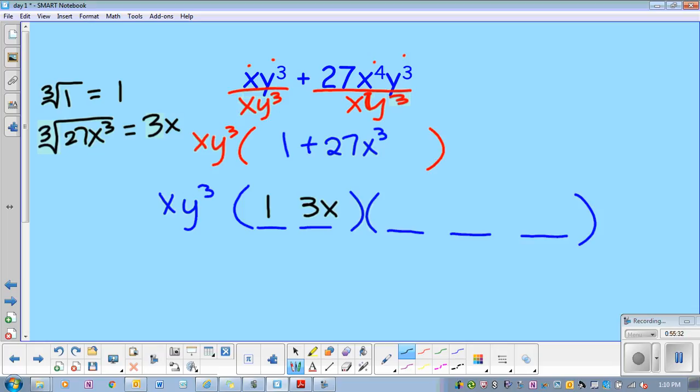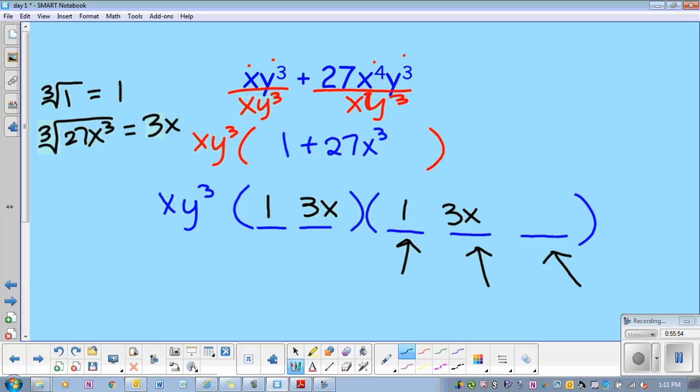So keep it in order, okay? First one squared. 1 times 1, right? Middle. 3x. You have to multiply these two together.